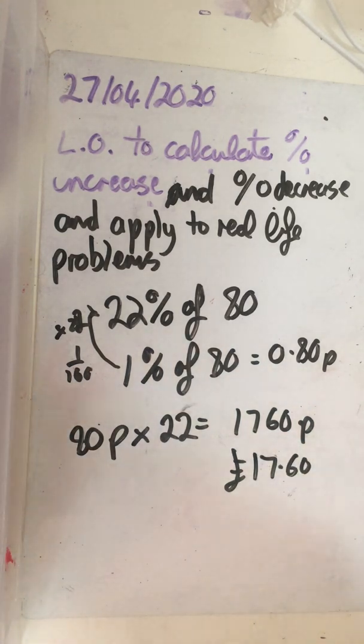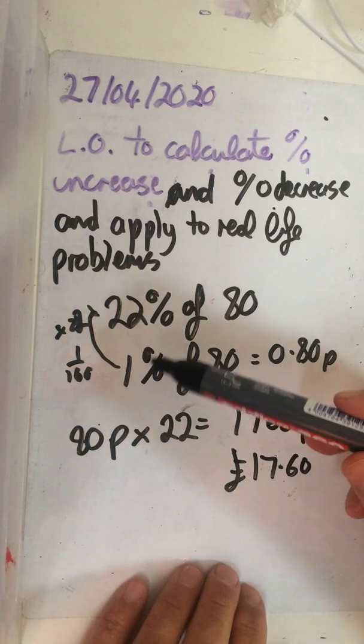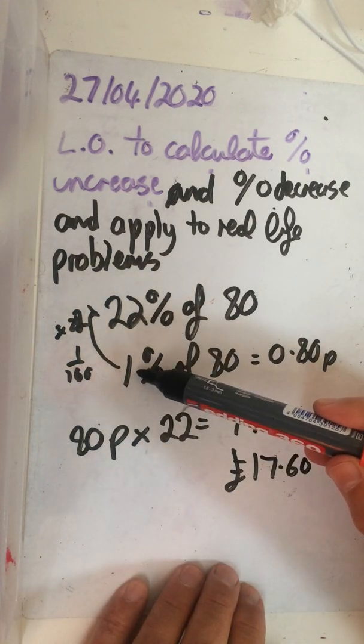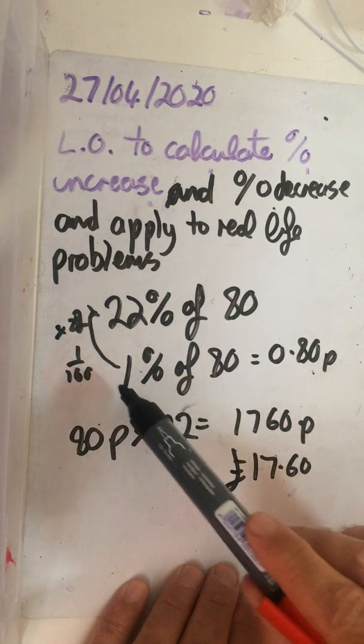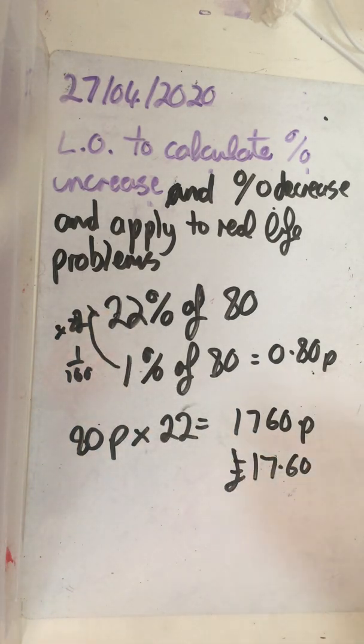I know some of you will have been taught this method before, that you find 1% of 80 first and then you times it by the percentage, and that's absolutely fine.